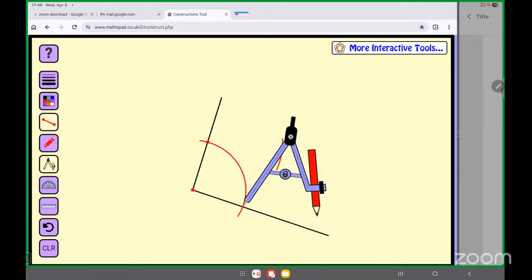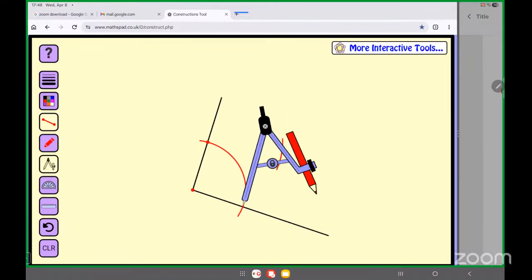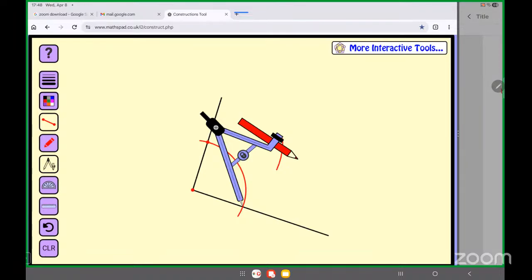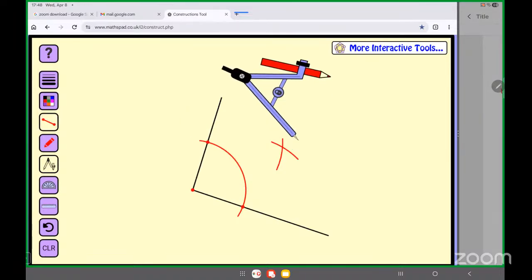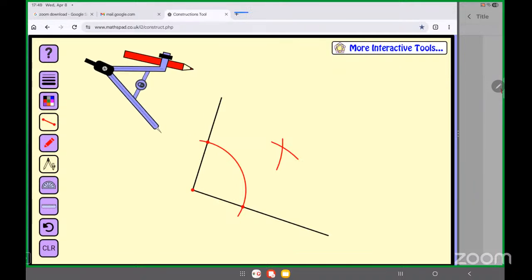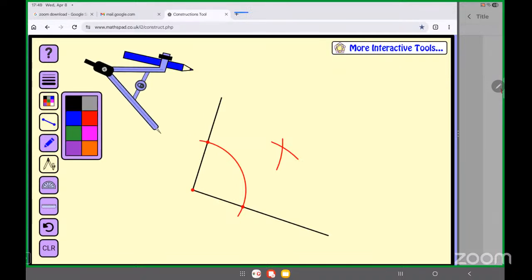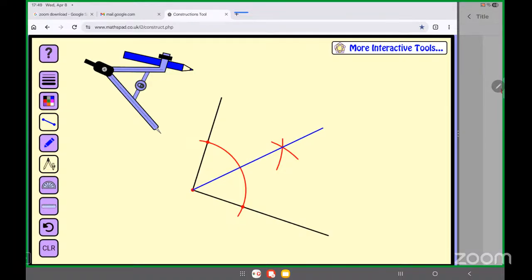Come to the other end, rotate, and cross that one. That is it. When we draw the straight line through that intersection from where the angle is made, that line bisects that angle, cut it in half. If the angle was 80 degrees, it's now 40 and 40.